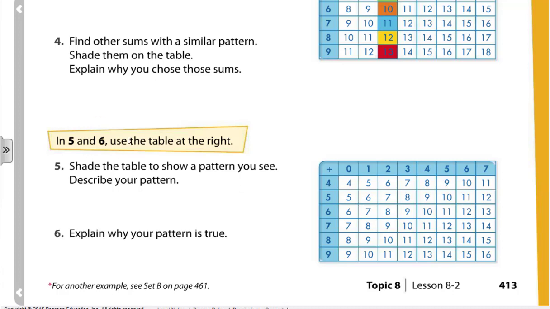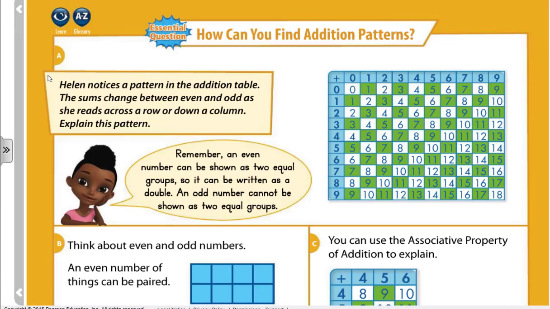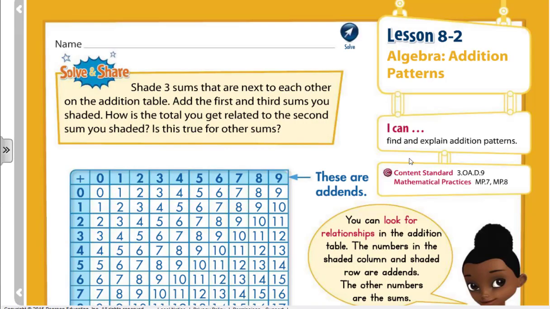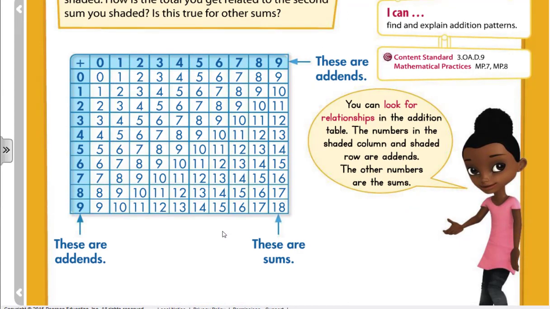Okay, let me start first with reminding you what we are doing here. We have tables like this table, and we call this an addition table because we are using the addition relationship. The blue here are the addends, the numbers that we add, and the white colored are the sums.